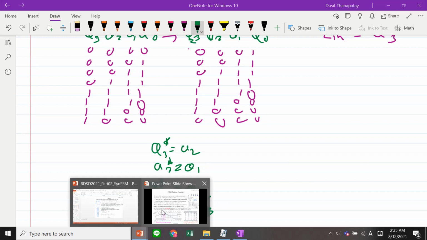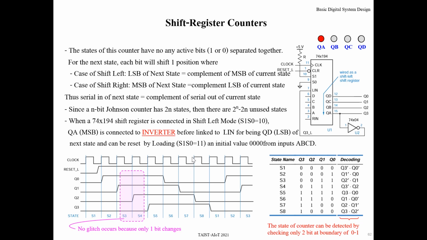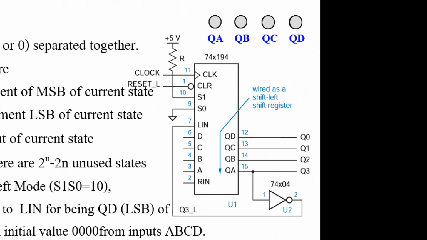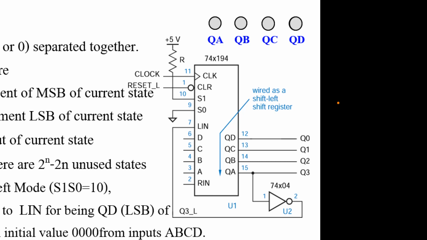Based on this condition, you can implement the twisted ring counter or Johnson counter by using an inverter. Connect from Q3 and feed to L in. That's all.